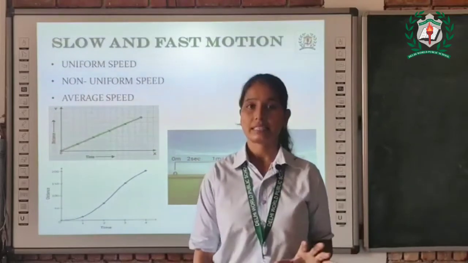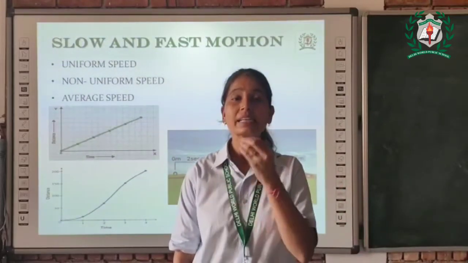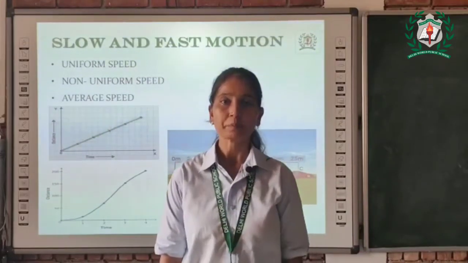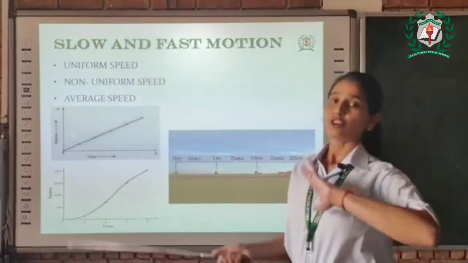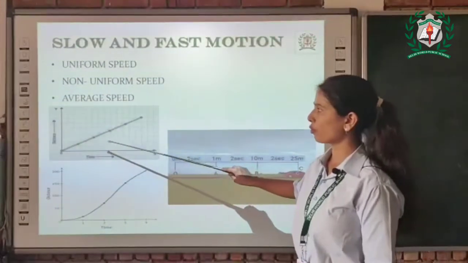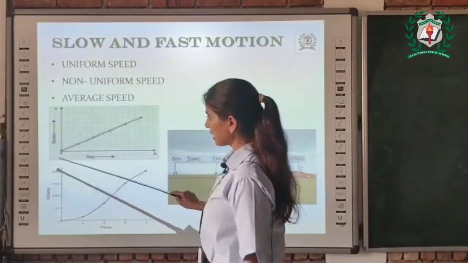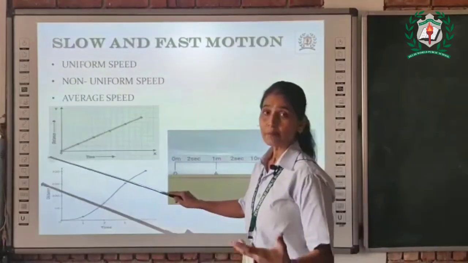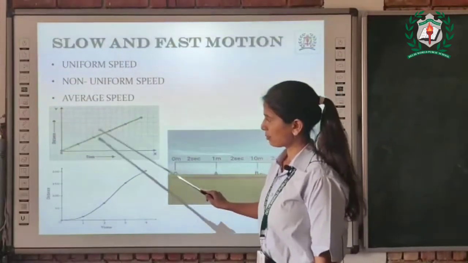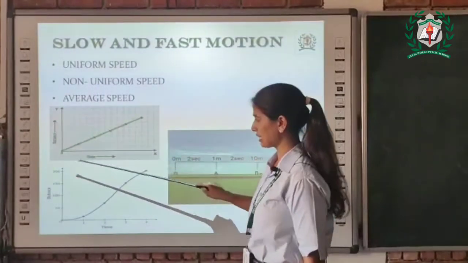The total distance traveled by an object divided by the total time taken is called its average speed. On the basis of these definitions, this one is uniform speed, as the object is moving in a line. This one is distance and this one is time.